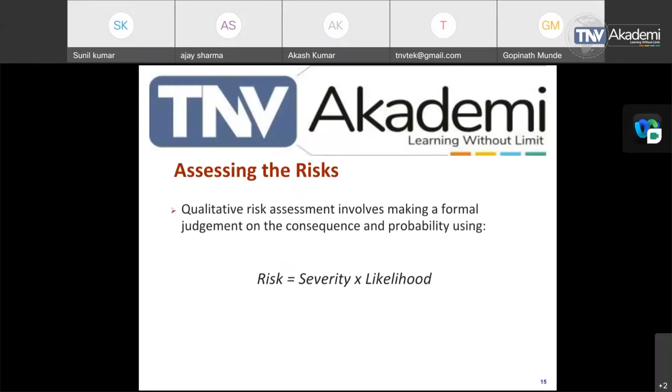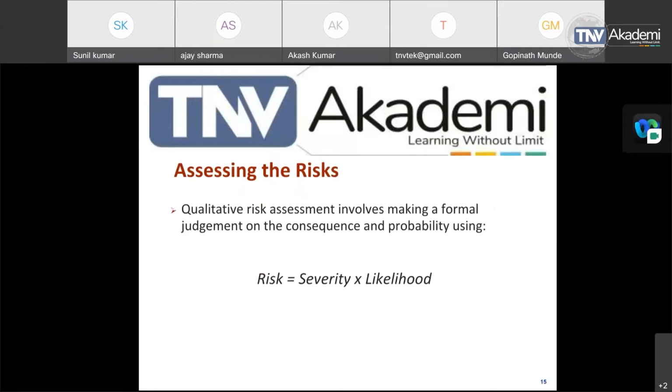How to assess the risk: quantitative risk assessment involves making a formal judgment on the consequences and probability. Risk is always defined as severity times likelihood: the severity of a hazard and the likelihood of occurrence.